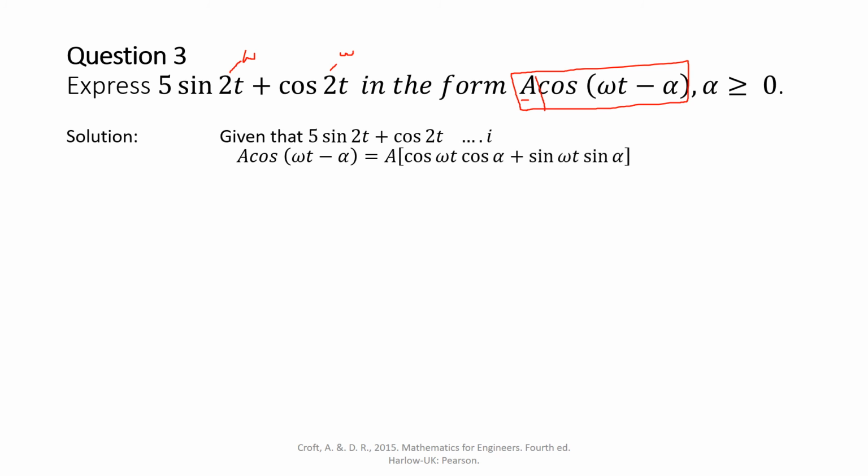According to the second identity, it will be equal to cos omega t and cos alpha plus, in this identity we have plus, and I am putting a bracket because this A should be written beside it.